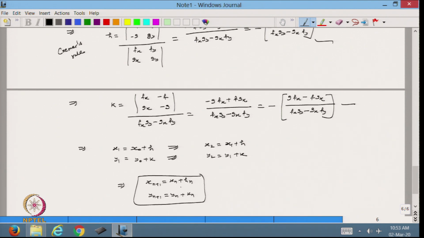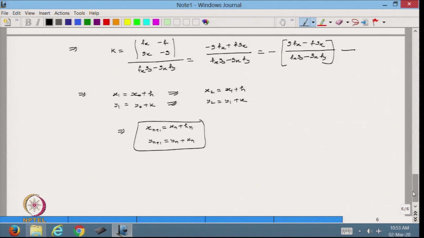Based on this I can improve my value of the root, and that is the method. So, with the iterative method I am able to find the roots for a system of linear or non-linear equations. It does not matter, but we have a system of equations and we can find the roots using the Newton-Raphson method.